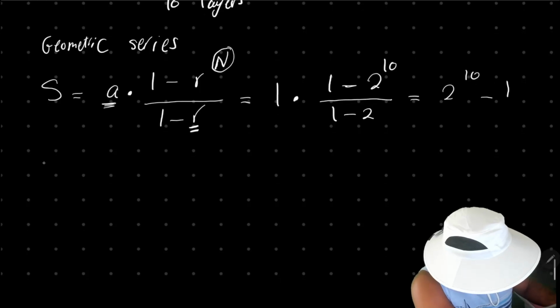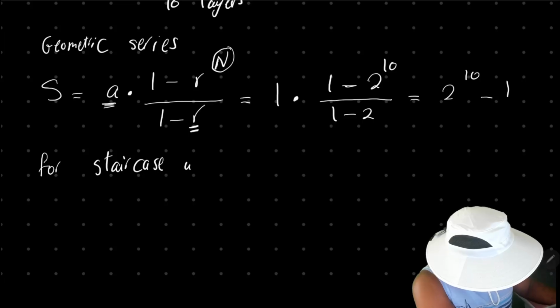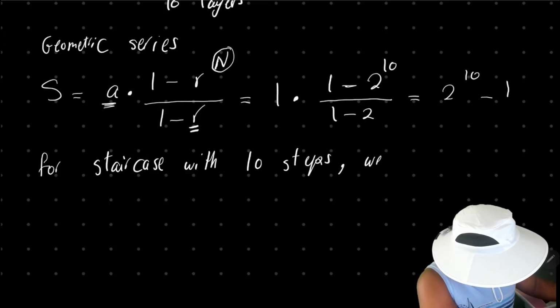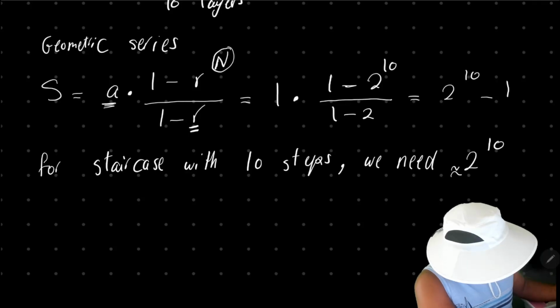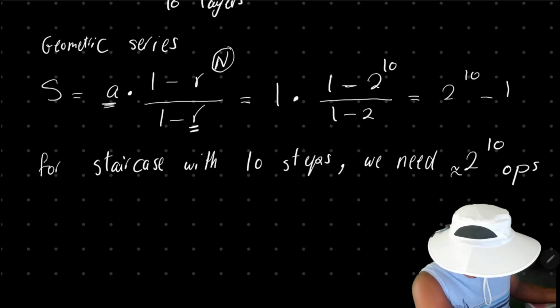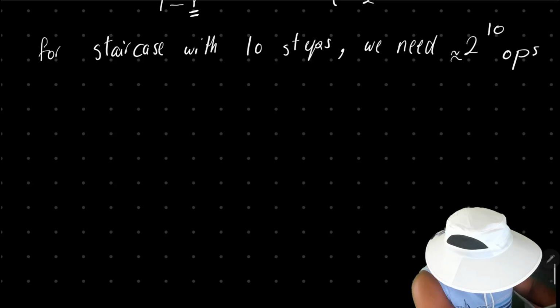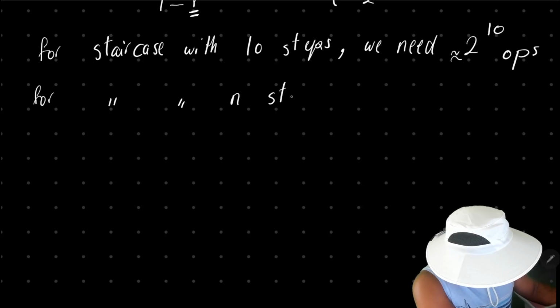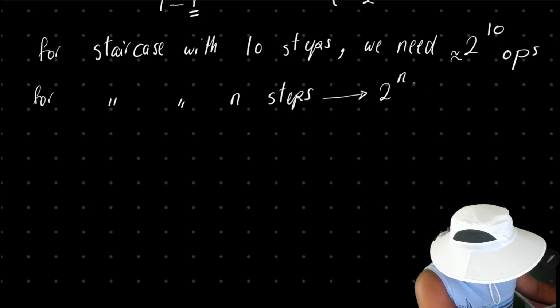So for a staircase with 10 steps, we need almost 2 power 10 operations. Which means for a staircase with n steps, I need about 2 power n operations.